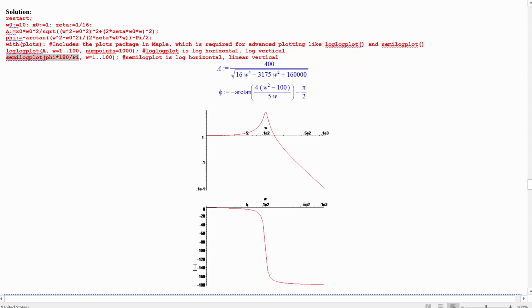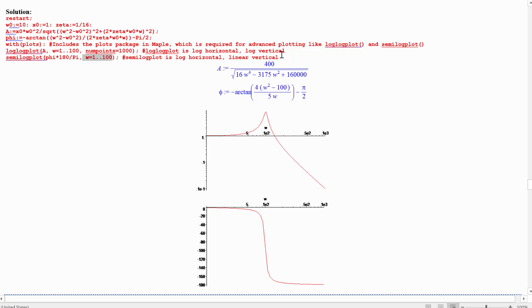This is linear versus log of the phase shift, and now we've converted it to degrees by multiplying by 180 over pi, from 1 to 100 as well. So we're just plotting for a frequency of 1 to 100. This is a weird way that this version of Maple reports 0.1 E3. In other words, 1 E2, right? So 100 is 0.1 E3.